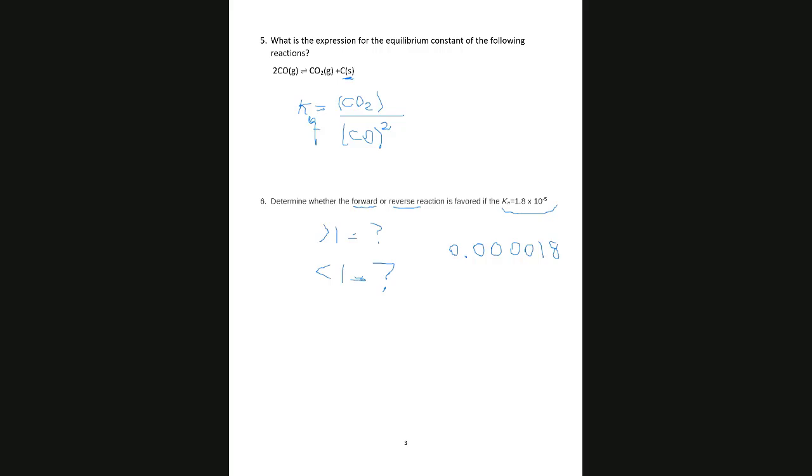And when it's smaller than 1, what does that mean? That there are more reactants, is reverse. Perfect. Yes, I agree with this answer with you. And there are more reactants than products, and the equilibrium favors the reactants, which means is reverse.